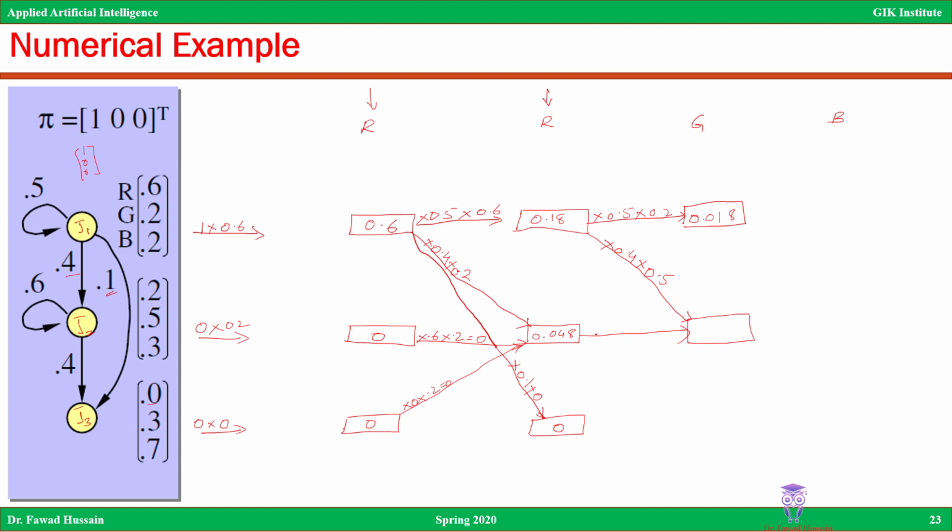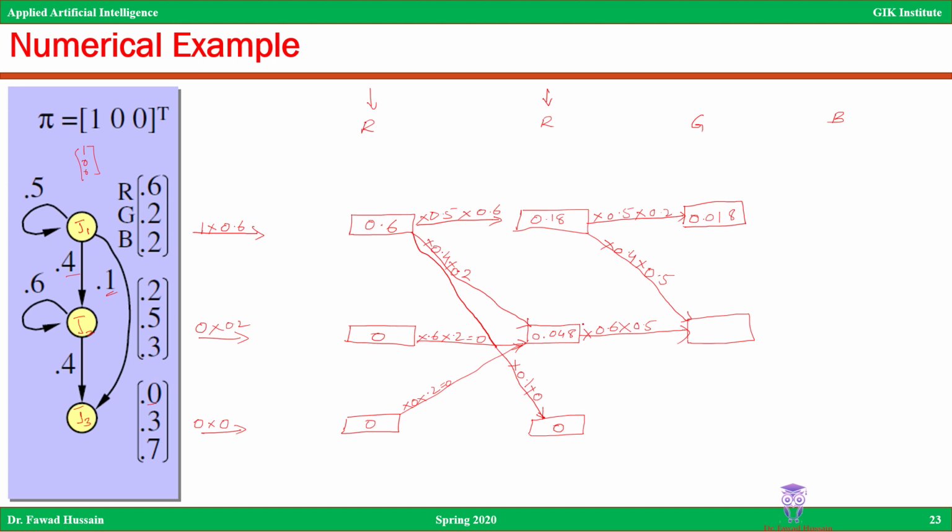Let's see what we have from here. What's the probability of going from the second jar to the second jar and selecting green? So the probability of remaining in the second jar is 0.6, multiplied by the probability of selecting a green, which is 0.5.